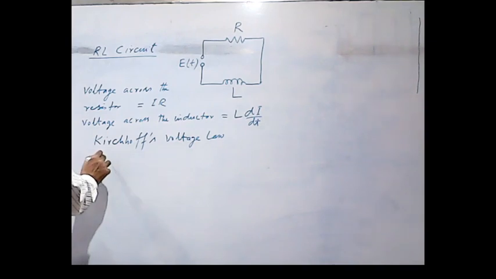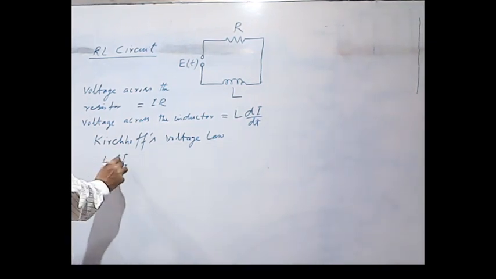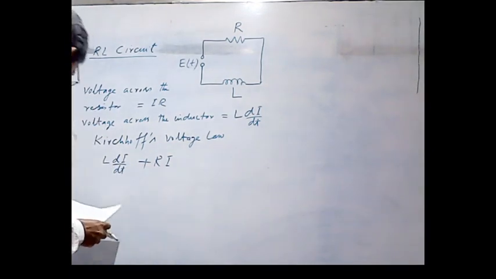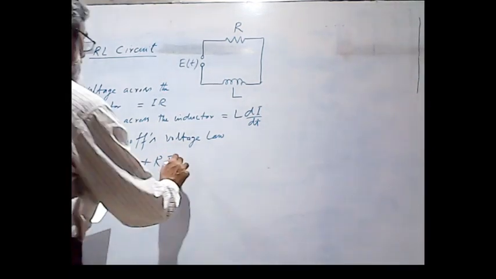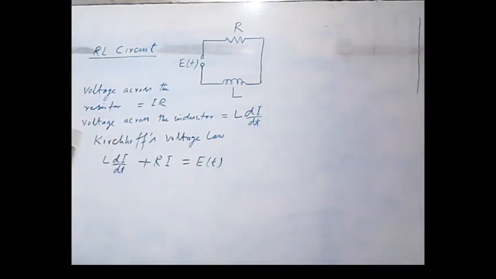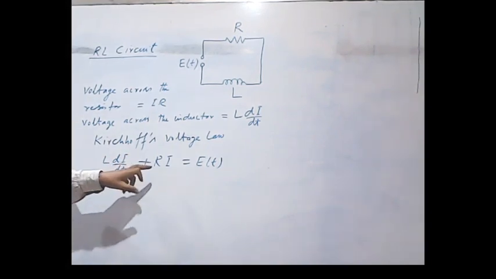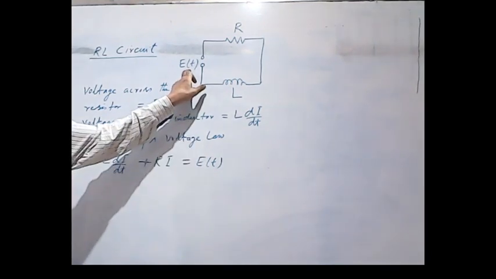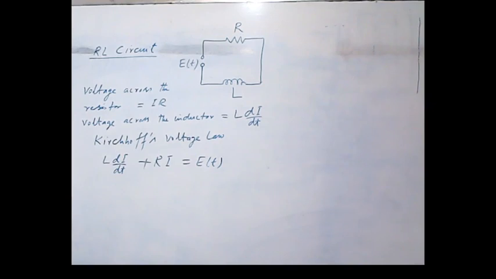L di by dt plus Ri is equal to E of t. By Kirchhoff voltage law, the voltage across the inductance plus the voltage across the resistance is equal to the total voltage E of t.